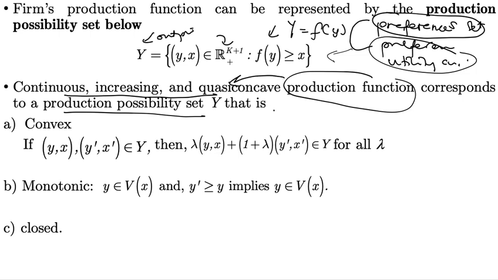So if the production possibility set Y has these three, therefore the production function can have these three as well. Now, when we look at quasi-concave, you already learned the concept of concavity in the previous topic or chapters. So let's say we have two bundles here. We have y, x and then y prime and x prime. Both of them are elements in the output set, the production possibility set.